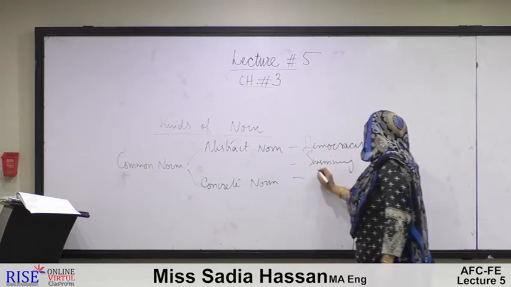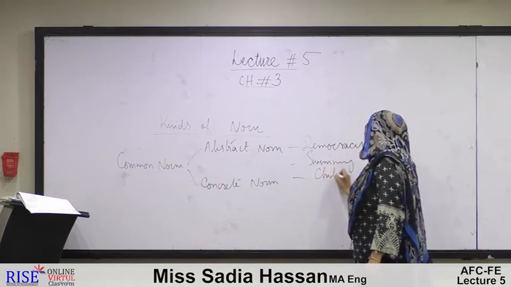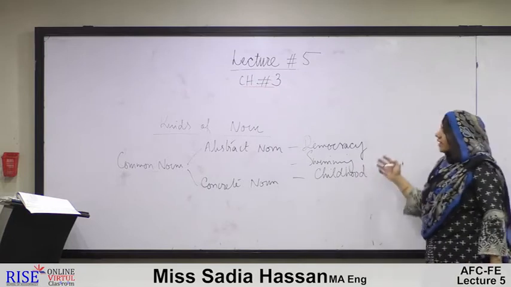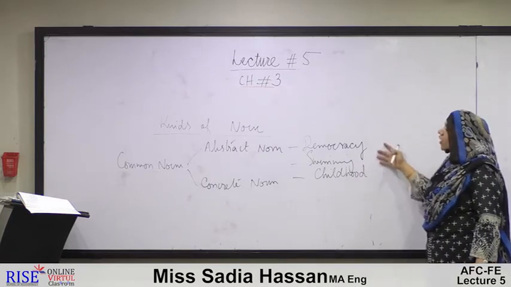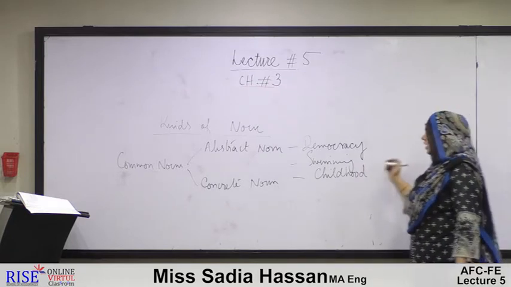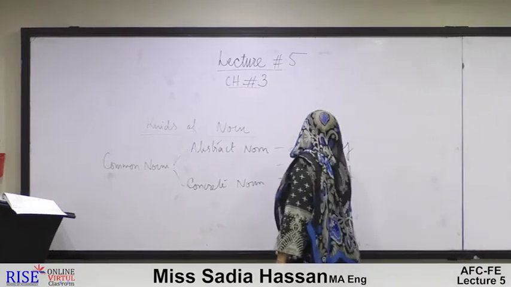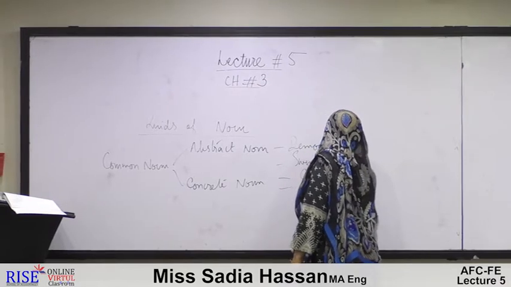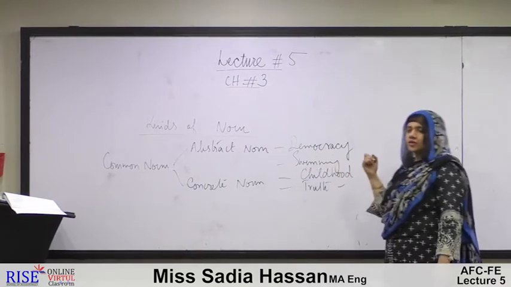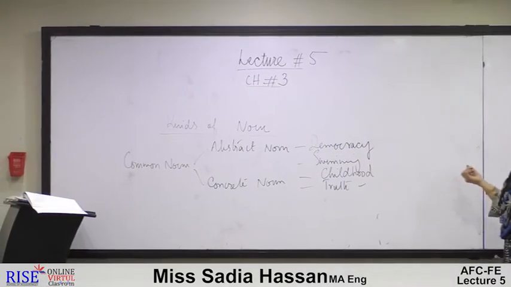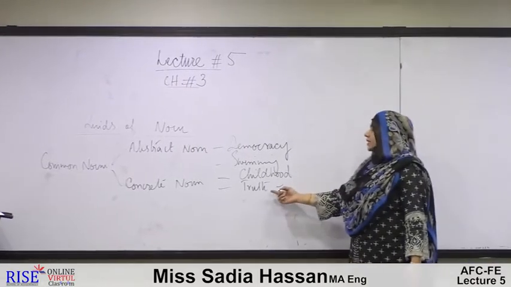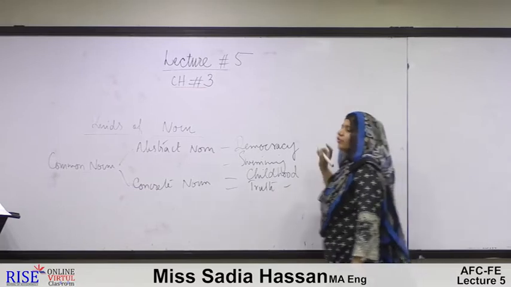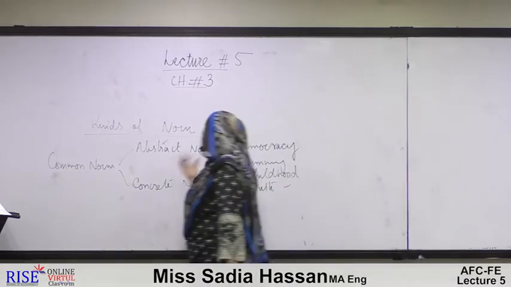And childhood is a state, and that is an abstract noun. All these things we can think of. That includes qualities as well, for example, truth. Truth is an idea, a concept, a quality; that is called abstract noun. We can just think about it, but we do not find it in any concrete form.